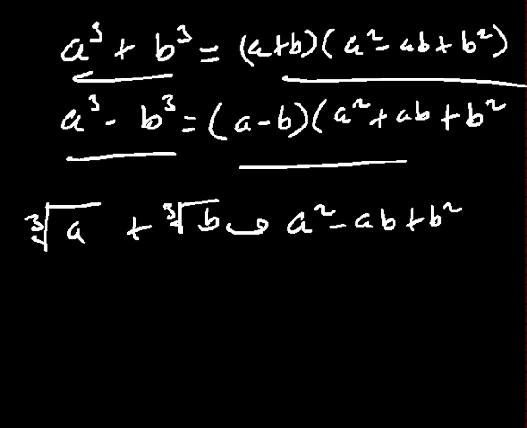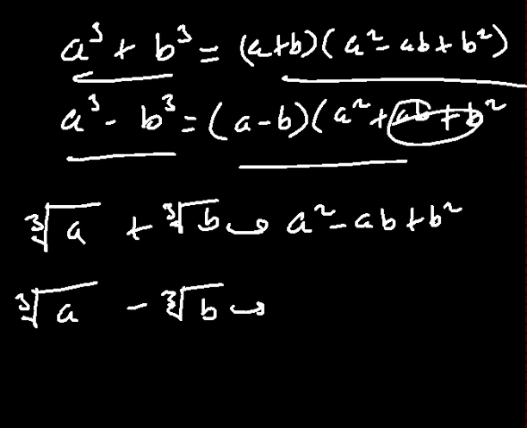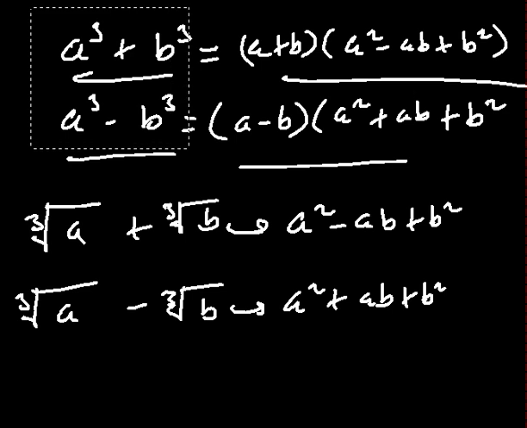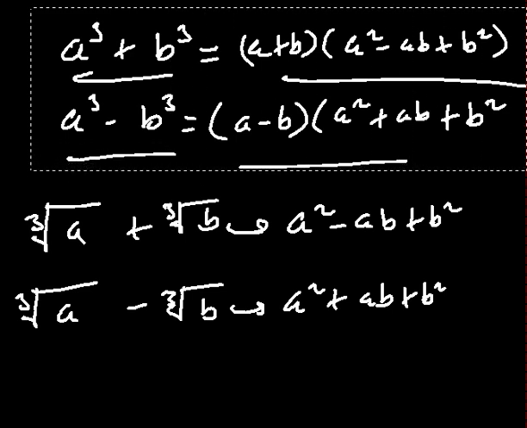And likewise, if we have the difference of two cube roots, the conjugate of that one will be a squared plus ab plus b squared. So that's how you have to understand that one. Here is what you have to keep in mind.